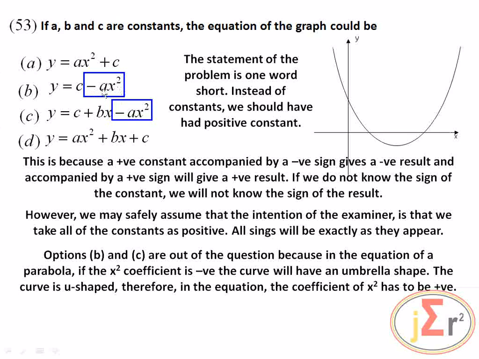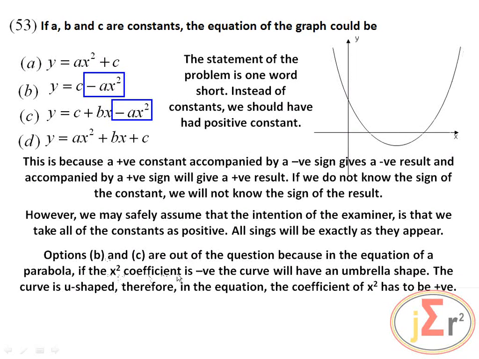And then we have it right here, x squared accompanied by a negative coefficient. And we have it right here also, a negative coefficient. In that event, the curve will have an umbrella shape, opposite to what we have here that we call a U shape.